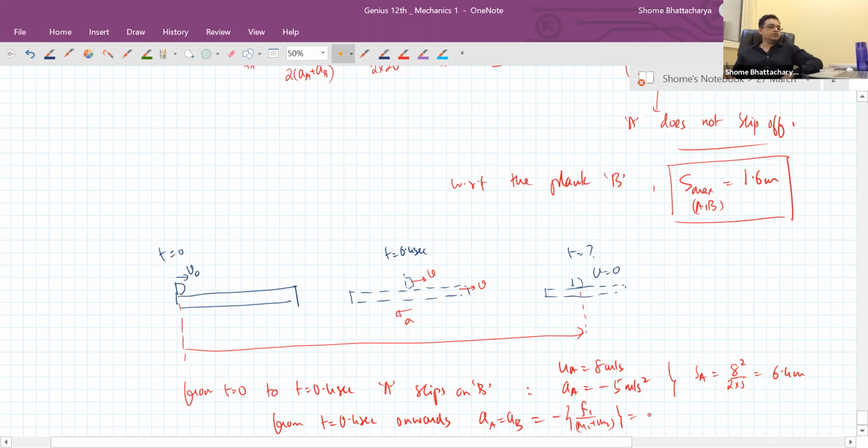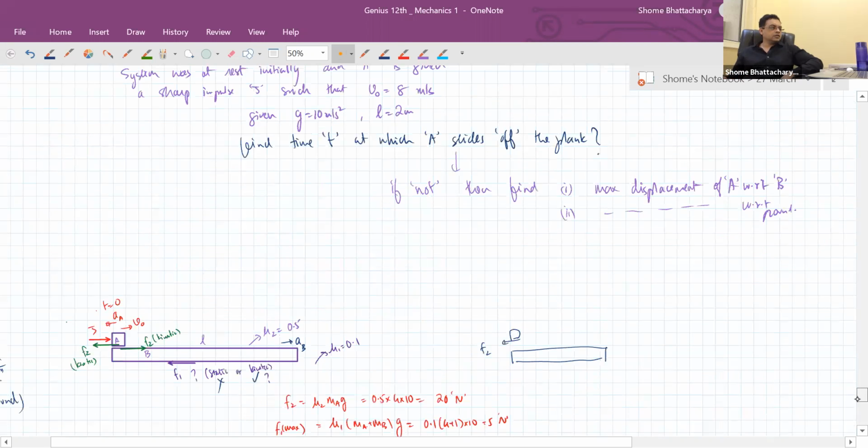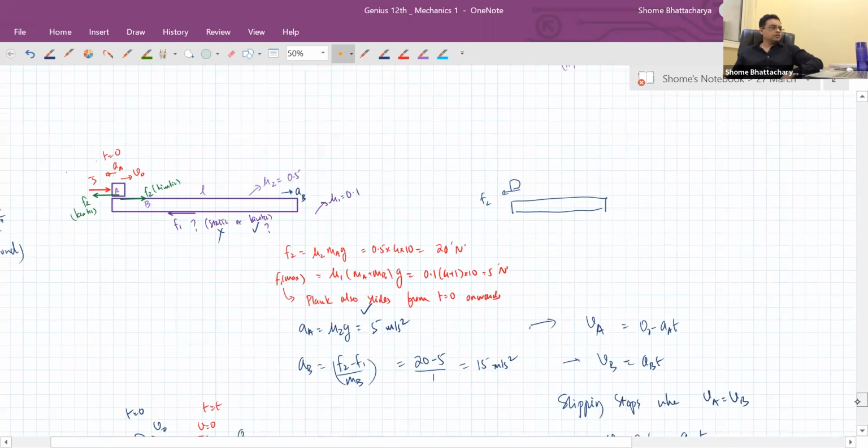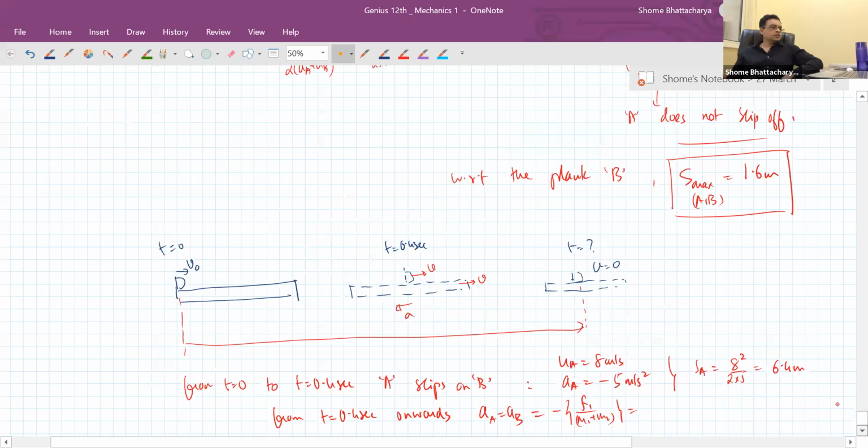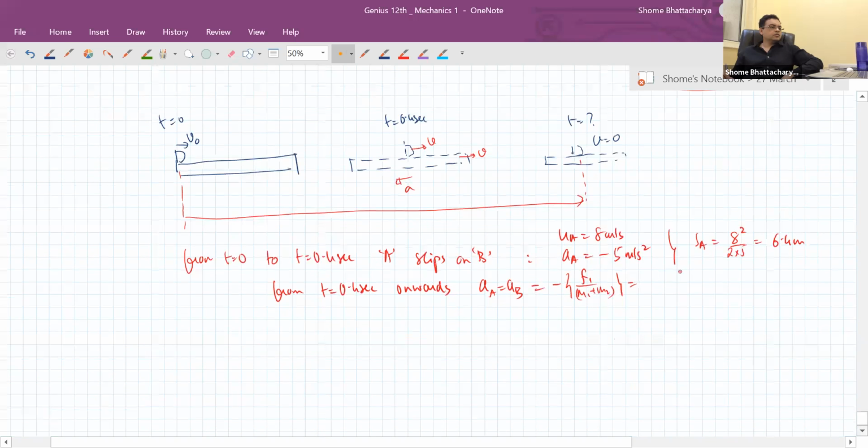So kinetic friction on the floor was, if I remember correctly, yeah, it was 5 newtons. So they have a combined deceleration of minus 1 meters per second square.